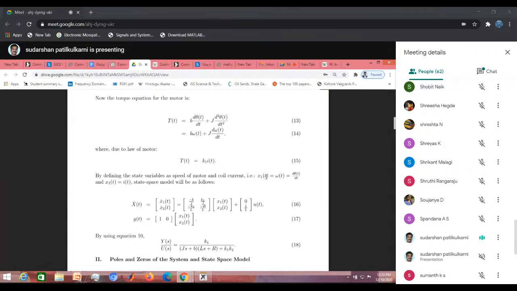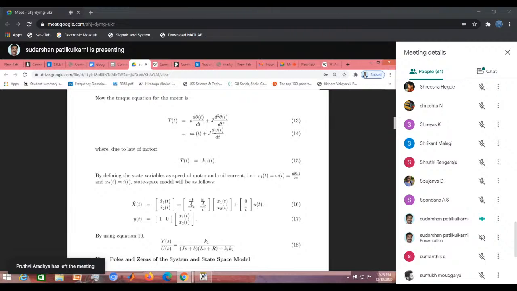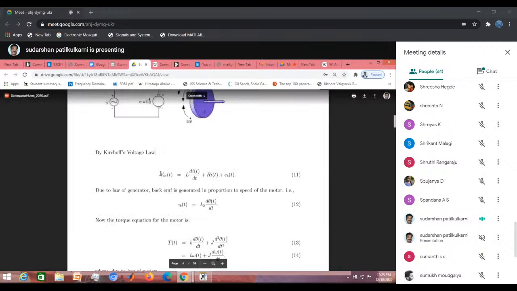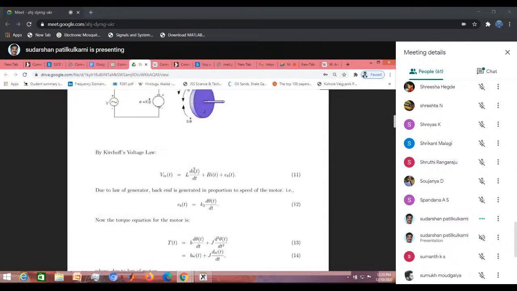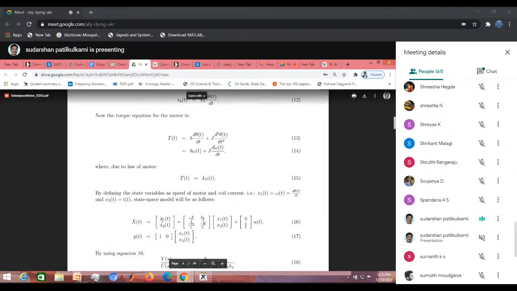So we define x1 of t as omega of t and x2 of t as I of t, because we have the expression for d omega by dt here in the torque equation, and we have the expression for di by dt in the voltage equation. So that is why we are choosing those two state variables.